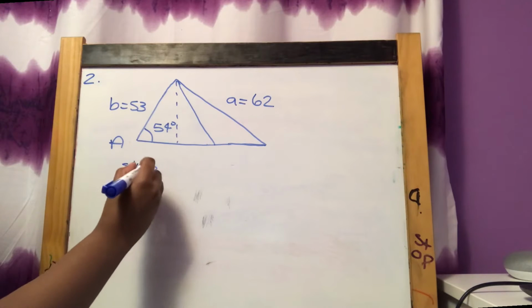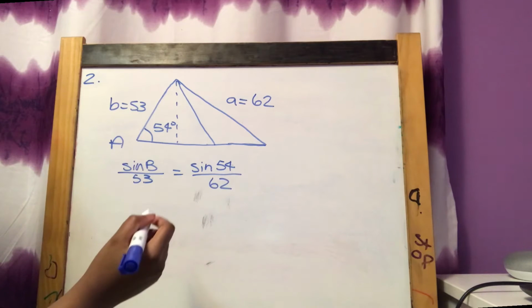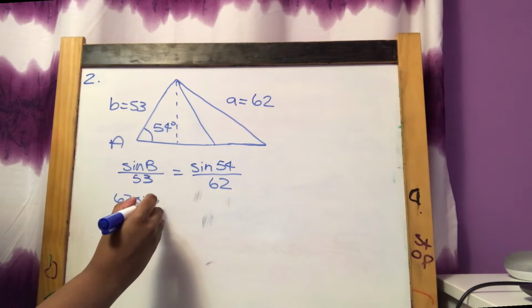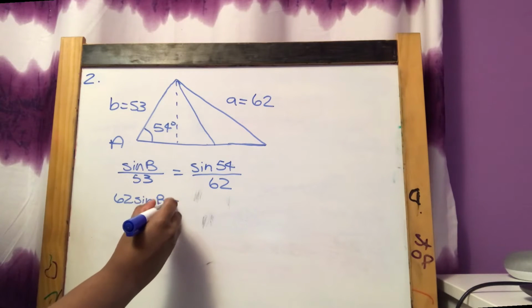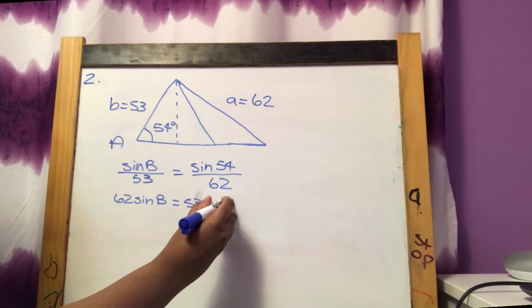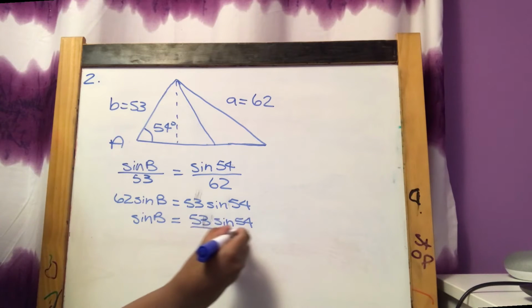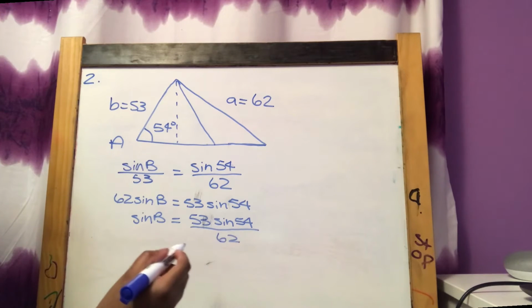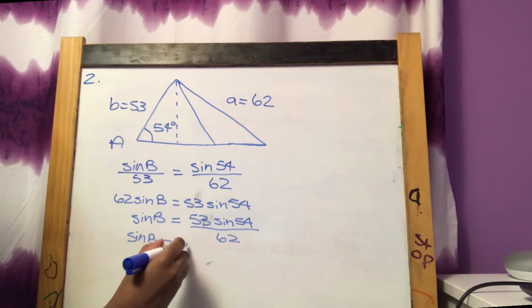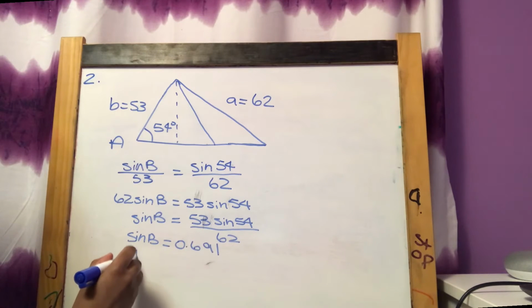Okay, so the first thing that I wanted to find was the angle for B. So I just used the sine law and I did sine B over 53 because that's the side length, and then sine 54 over 62. And then I did 62 sine B, which would equal 53 sine 54. After that, I flipped the 62 onto the right side, so it would be in the denominator, so that I can isolate sine B, and I solved 53 sine 54 divided by 62, which was 0.691.